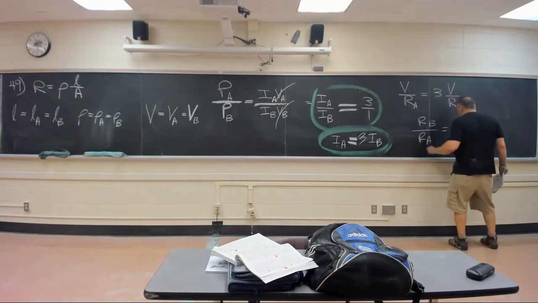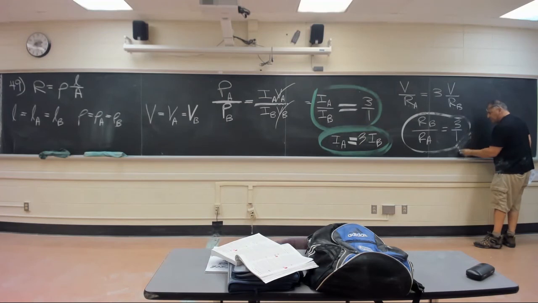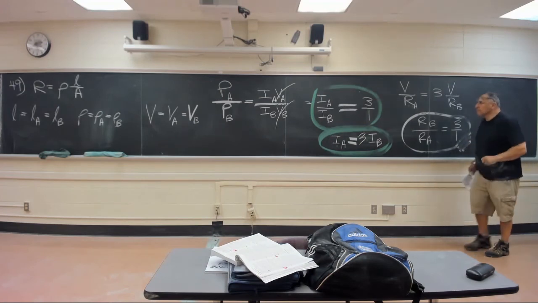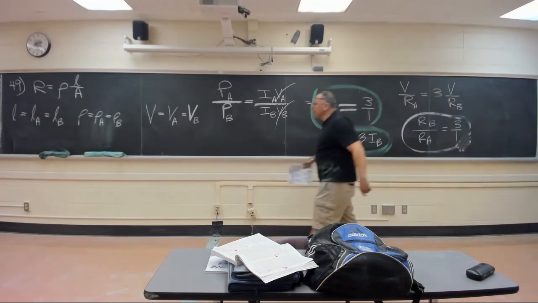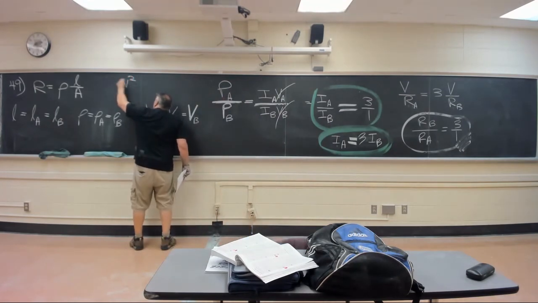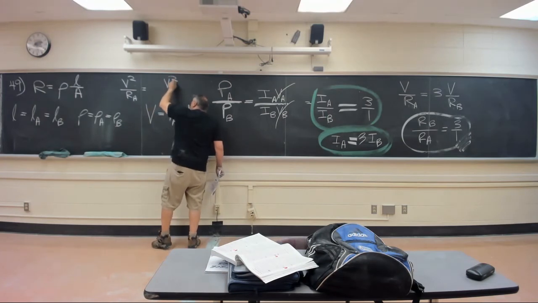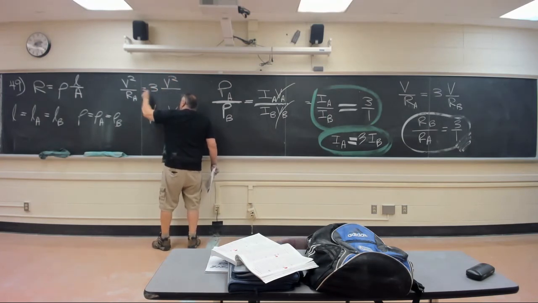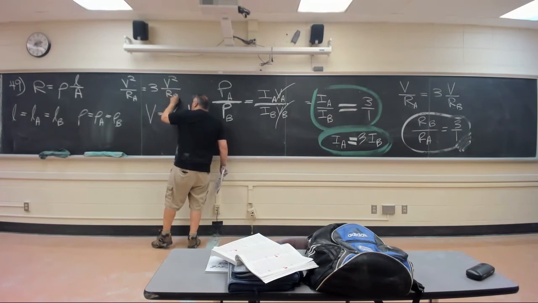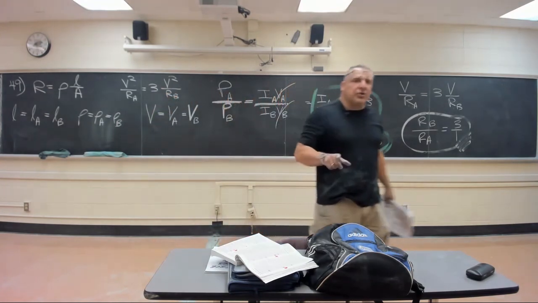According to this, that would make sense, because V squared over RA is three times bigger than V squared over RB, the V being the potential difference.